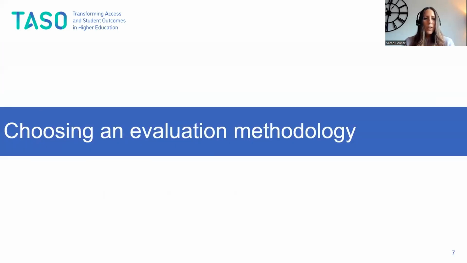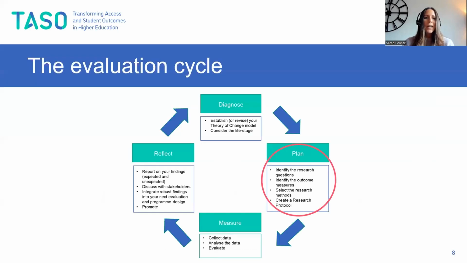So to start with, we're going to focus on choosing an evaluation methodology. And just a reminder of where we are in our evaluation cycle. We started in that diagnose phase with Rain's webinar, which was on establishing a theory of change for your intervention, which is a really important starting point.